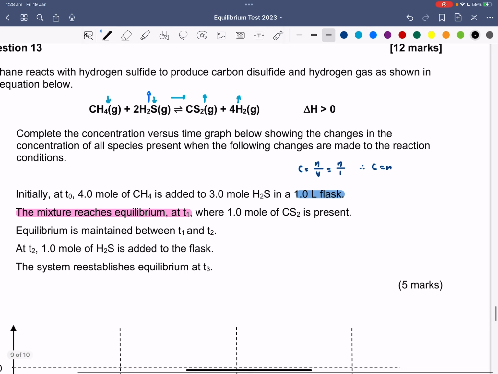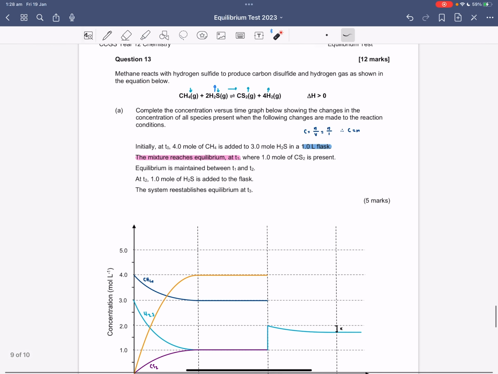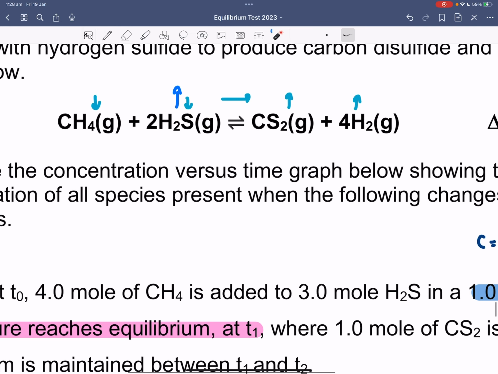So if CS2 comes down by x, sorry, not CS2, if H2S comes down by x, this small change would mean that CH4 drops by half x, and CS2 goes up by half x, and H2 goes up by 4 lots of this.